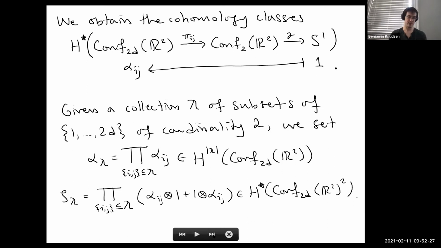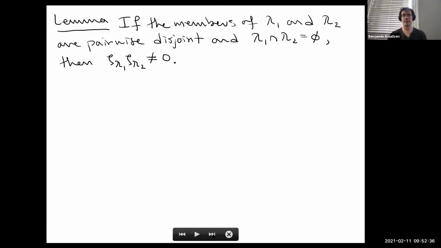I may have said a bunch of notation quickly. Okay, so the lemma is that if you choose your lambdas judiciously, so remember, each lambda 1 and lambda 2 are both collections of subsets of the numbers 1 up to 2D, and those subsets have cardinality 2. So it's just a collection of pairs of labels for particles.